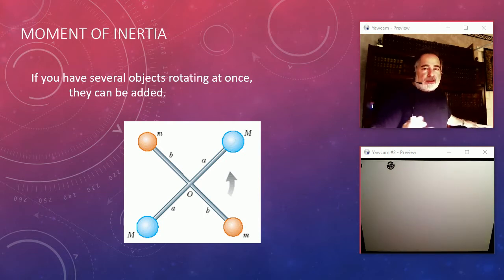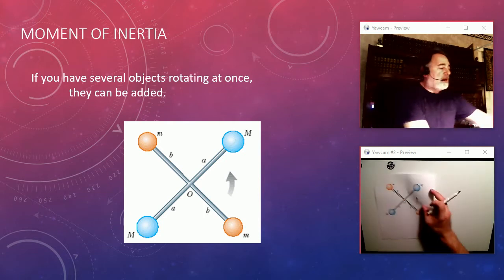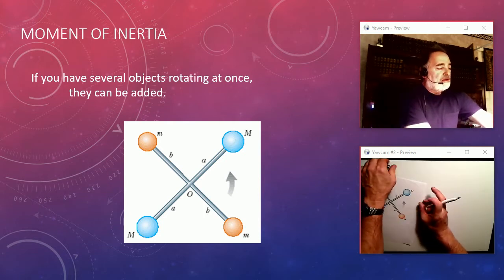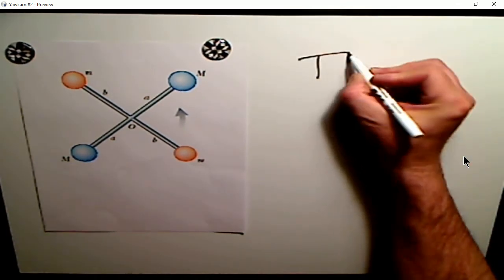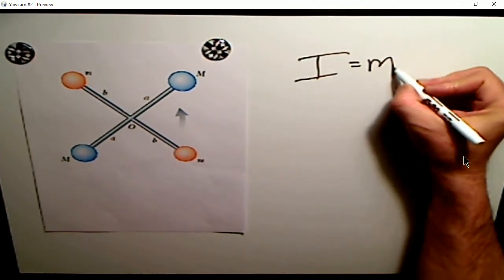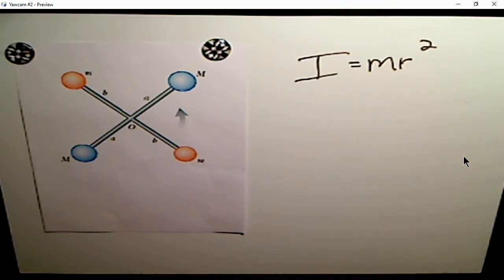So let's look at this example. We're going to have this rotating double baton here. And as I rotate this, if we model these as particles, I equals mr squared. So what's the moment of inertia of this? Let's assume these rods are weightless for the moment.